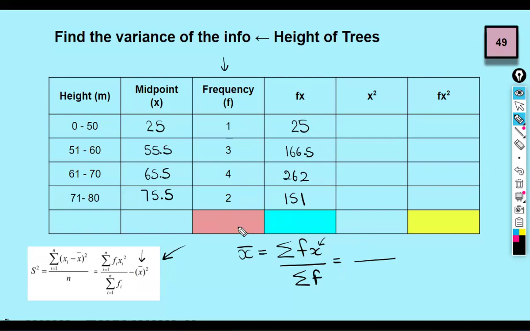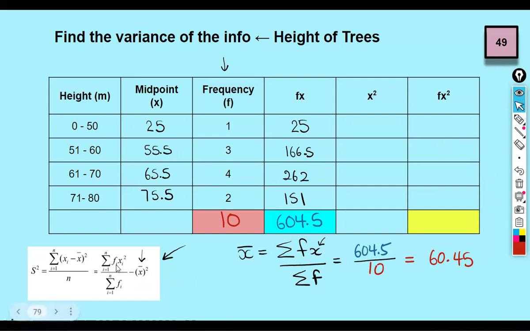For the frequency column, the total is 10. For the fx column, somebody said they get 604.5, and I agree. If I take the 604.5 and divide it by 10, my mean is 60.45.